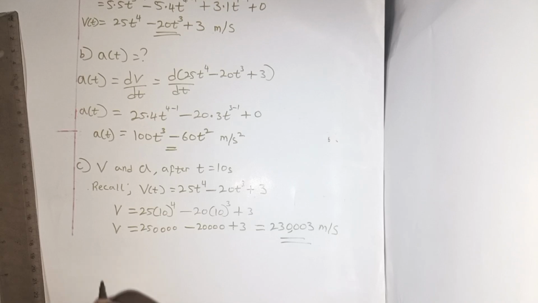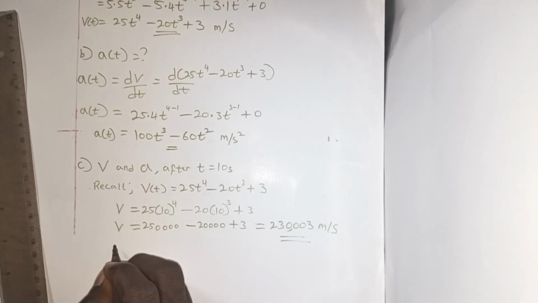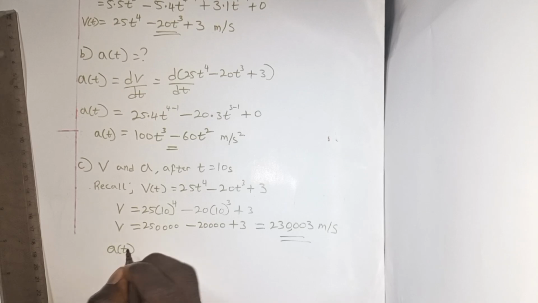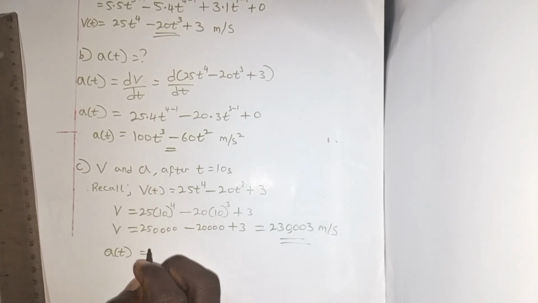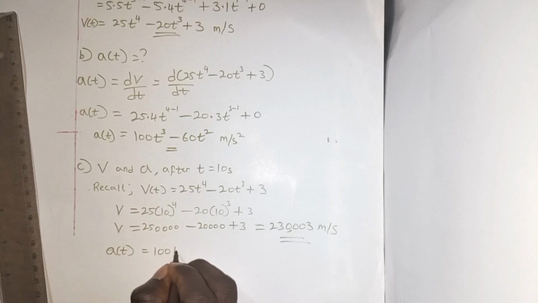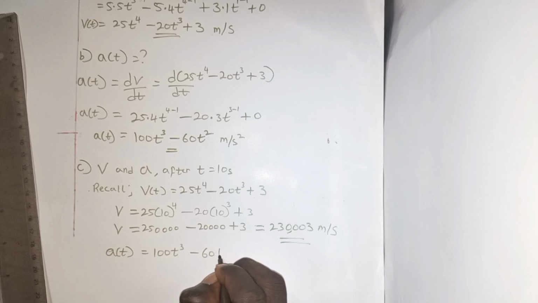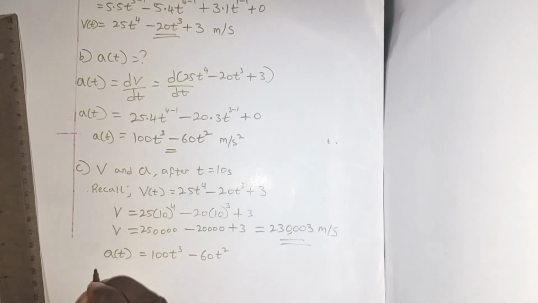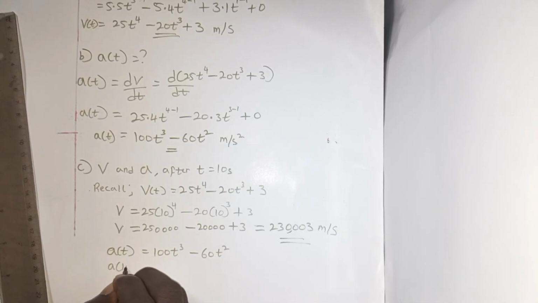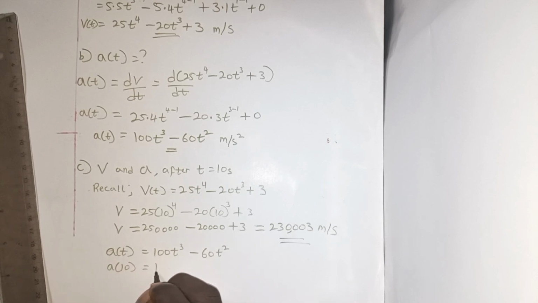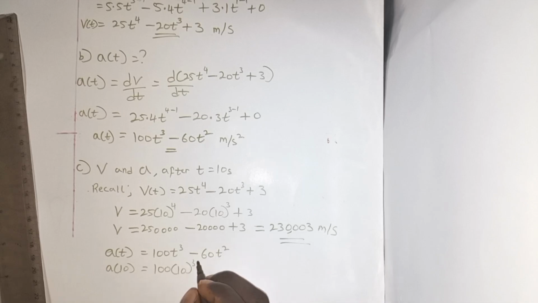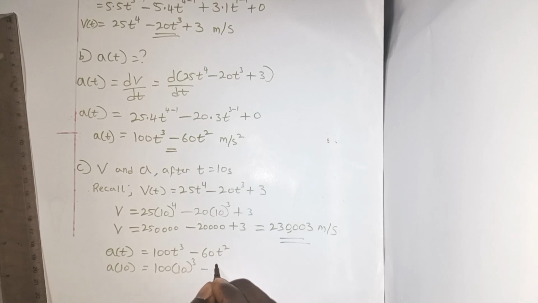Same thing we're going to do for the acceleration part of it. That is a of t. We said a of t is 100t^3 minus 60t^2. Now applying t equals 10, we have 100 times 10^3 minus 60 times 10^2.